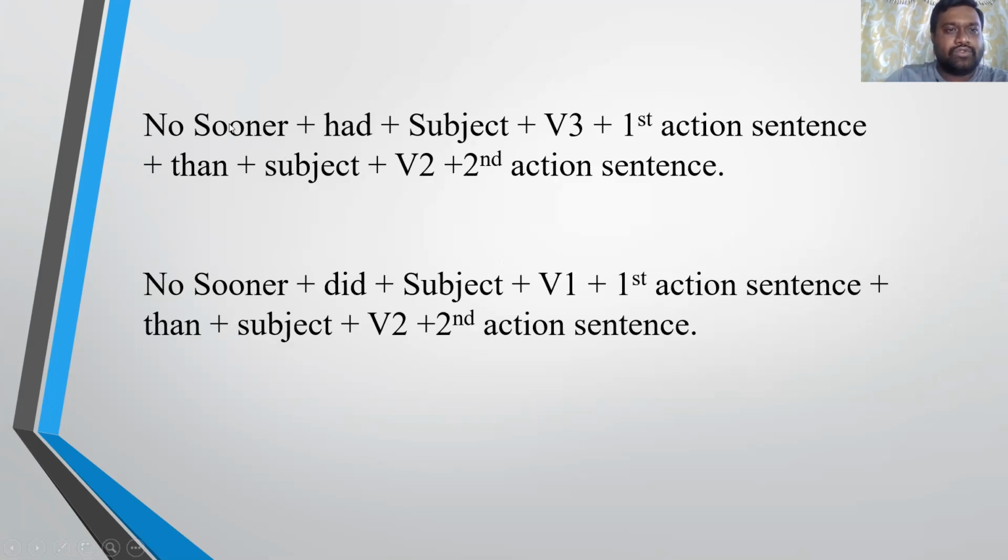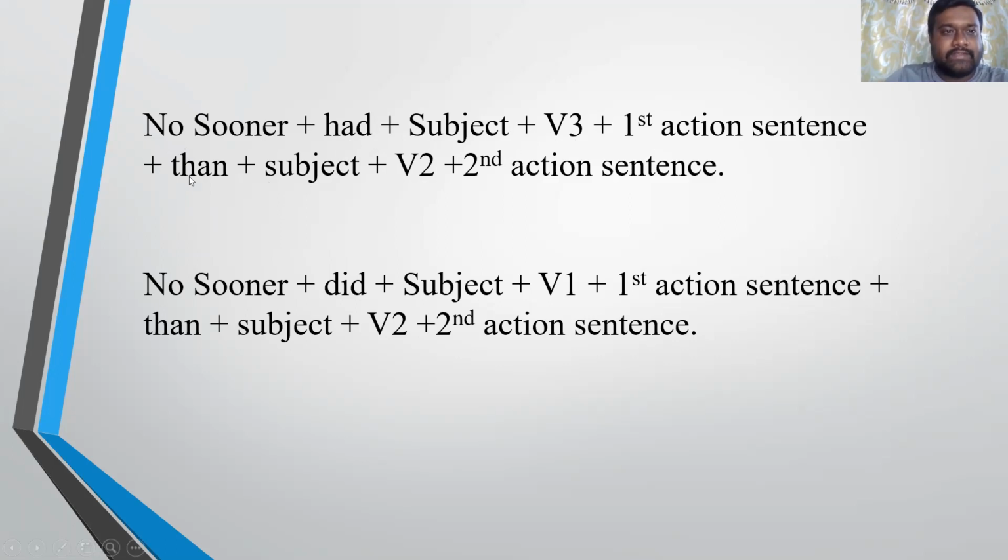The first formula: no sooner plus had plus subject plus V3 plus first action sentence plus than plus subject plus V2 plus second action sentence. If you are writing no sooner had, V3 is compulsory.